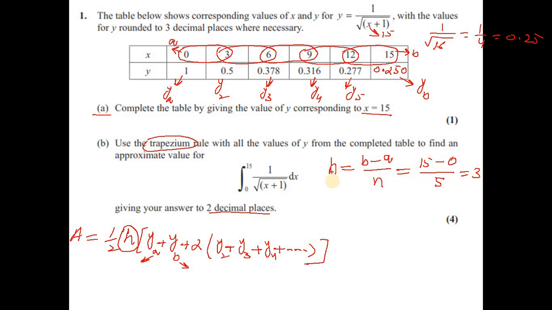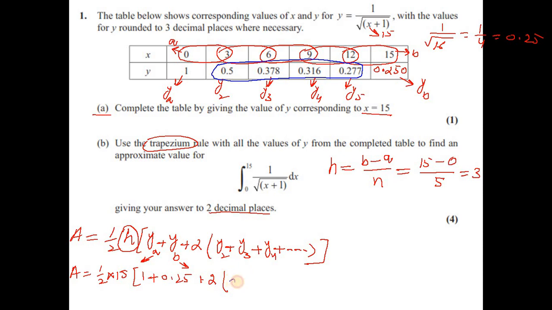What you need to do is substitute the value of h and the rest of the y values. Like you can do A is equal to half times 3 inside the bracket, ya is 1 plus yb is 0.25 plus twice the rest of the intermediate values of y, that means y2, y3, y4 and y5.